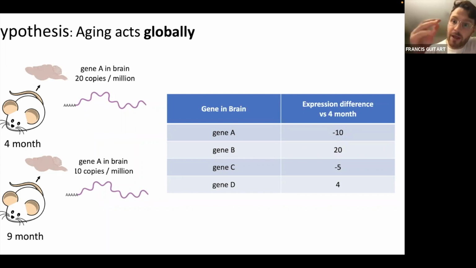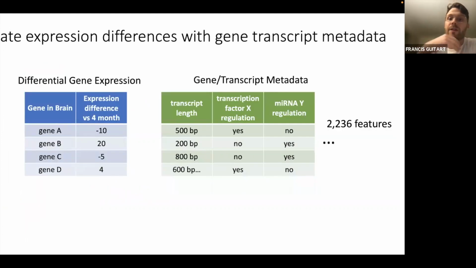Instead of looking at the difference in expression between these different group-aged mice, they decided to take each of these genes and characterize them with a number of features. So here I have an example of different features that might explain a gene, such as transcript length, whether there's some particular transcription factor that's regulating that gene, or a different microRNA that might be regulating that gene.